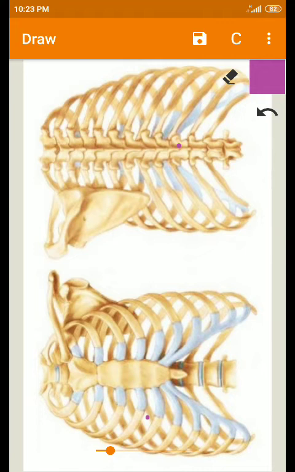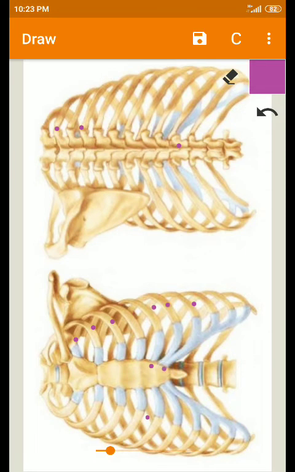Each rib is going to articulate with each thoracic vertebra on the posterior side. But on the anterior side, all 12 ribs are not directly articulating with the sternum. Okay. Anteriorly, only 7 ribs are directly articulating with the sternum.